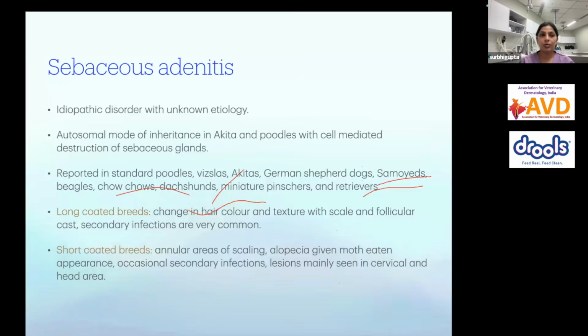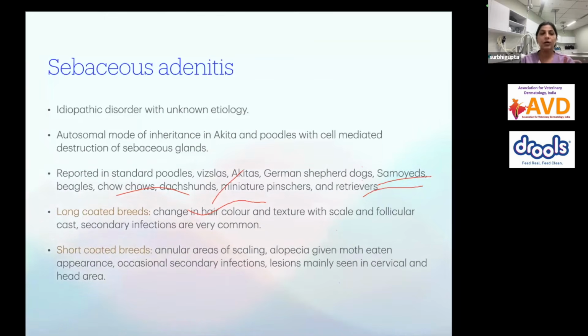Because of any immune mediated condition or keratinization disorder, inflammation of these glands happens, and slowly destruction of the glands starts happening, which is very common in Akitas, German shepherds, Chow Chows, dachshunds, and retrievers. I have seen it in an Akita and a retriever.